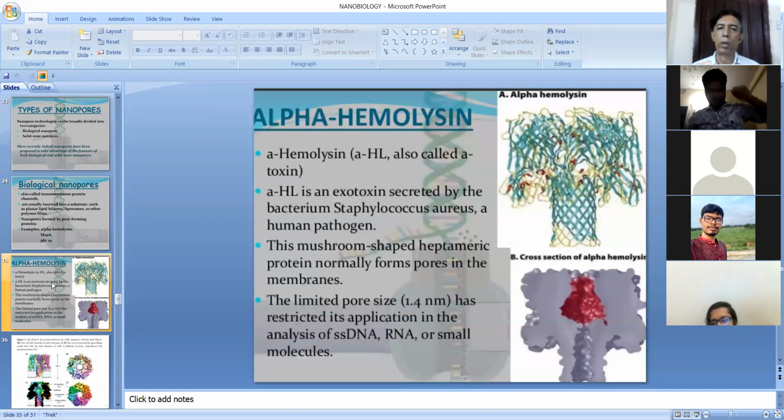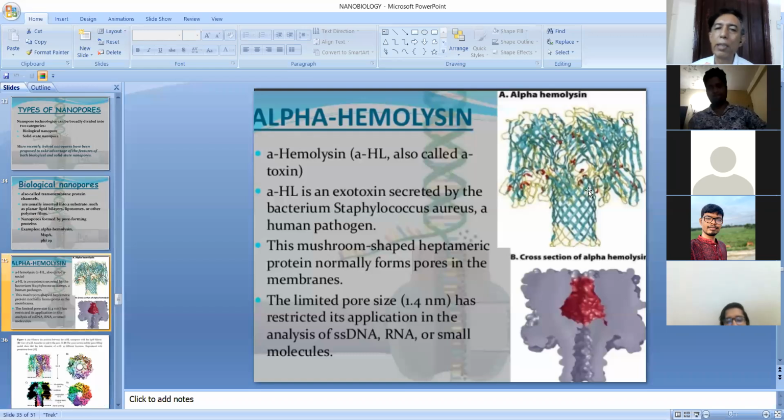Now, alpha hemolysin. It is a mushroom-shaped protein. Its shape is like that. It can form a pore.